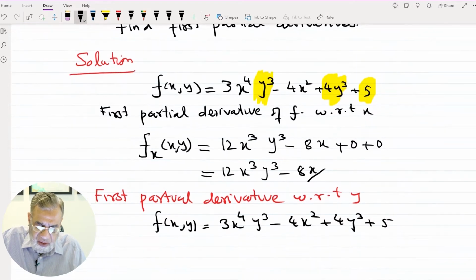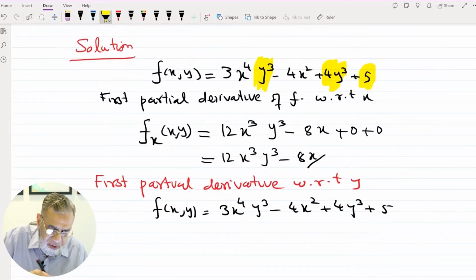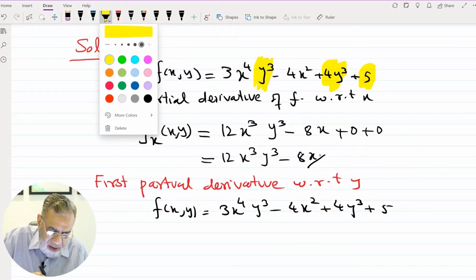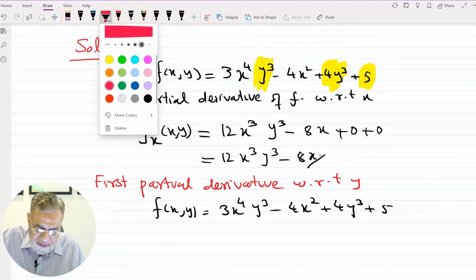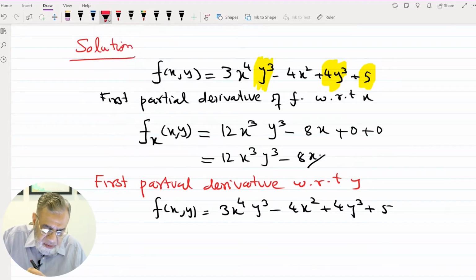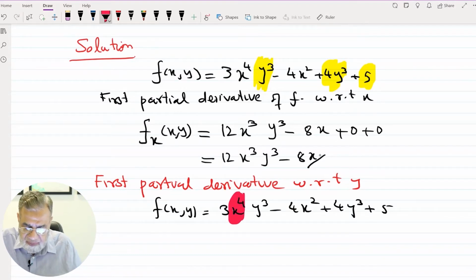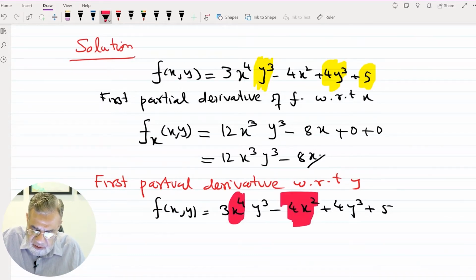Now, when y is changing, x is constant, and in this term x is not contributing anything.